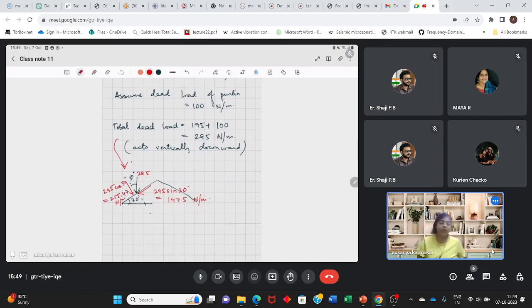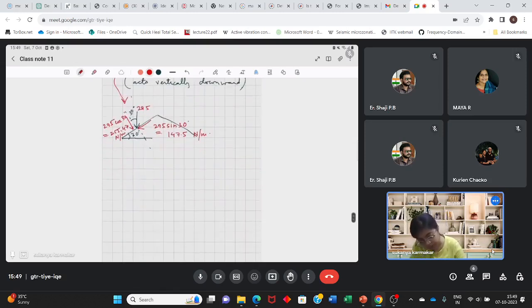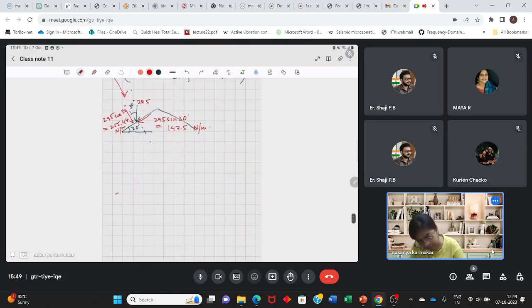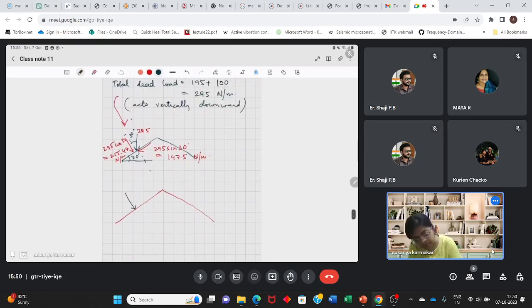Now we have to concentrate on wind load. This wind load is acting normal to the roof, meaning wind load is acting in this direction, and this is the dead load.